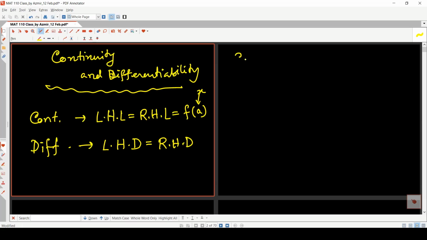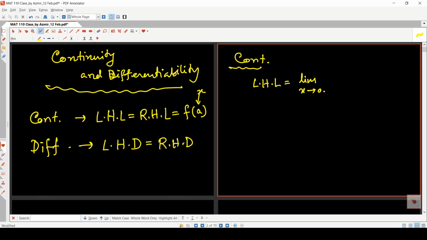So for continuity, if we have to check whether a function is continuous or not, then you know that left-hand limit equals limit x tends to a minus f of x. Right-hand limit equals limit x tends to a plus f of x. This plus and minus are just the directions.